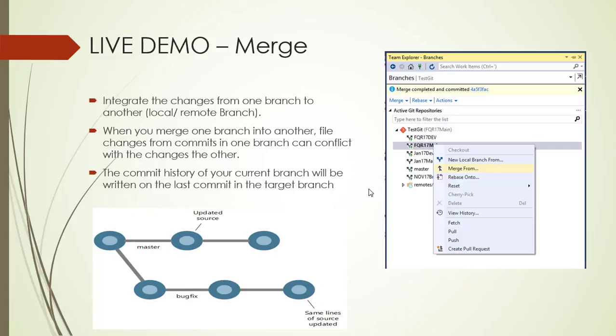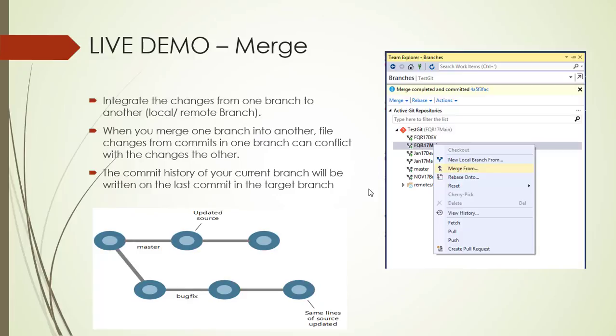Let me show you first what merge is. Merge is very nice because it's a non-destructive operation. It integrates the changes from one branch to another branch, or from one local branch to another local branch, or from one remote branch to another remote branch. When you merge from one branch to another, file changes from a commit in one branch can cause conflicts in other branches.